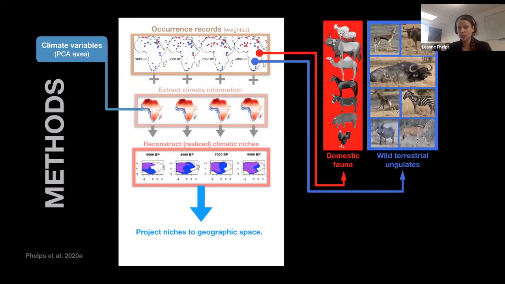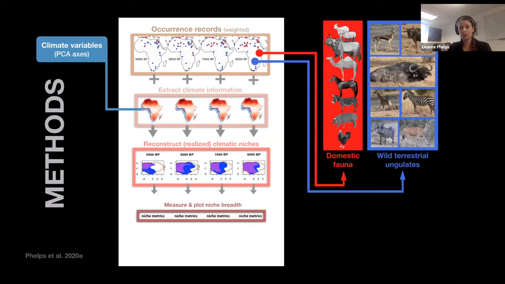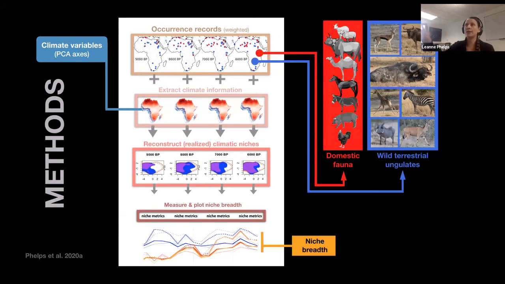The other thing that we can do with these realized climatic niches, which is very useful, is to quantify changes through time. When we do that, we use niche metrics, and it gives us a trend. So we're looking at changes in the niche breadth. This means it's essentially measuring how much of the African climate space is occupied by domestic animals at any one point in time.